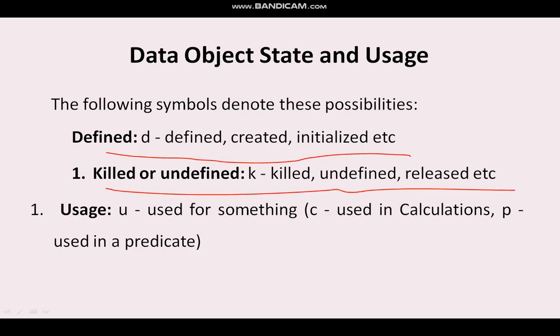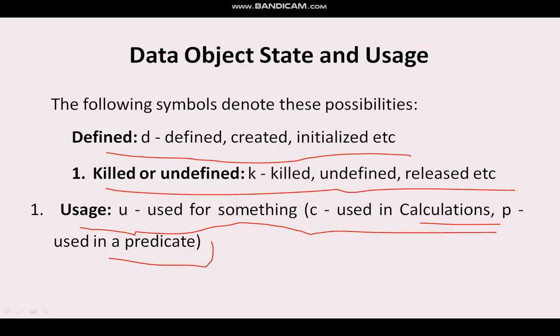Okay, and coming to the third one, usage. The particular created data object can be used for something. Remember, whenever you create or define the data object, then only it can be used. Normally data objects can be used for calculations, and they can be used for predicates. These are the two different purposes for the data objects.